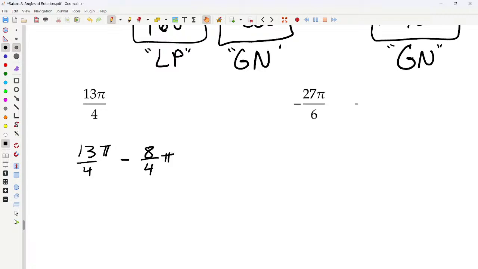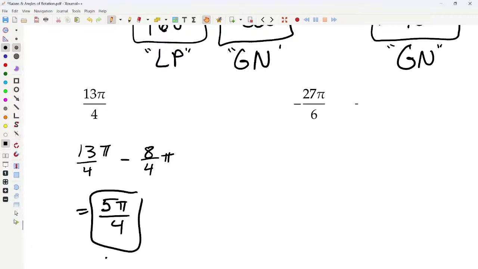And the clue every time with radians is the denominator. So instead of saying 1 pi, I'm going to say 4 out of 4 pi, 1 pi, and 8 out of 4, that's 2. Subtract 2 pi, 13 minus 8 is 5 pi out of 4. This is your least positive.